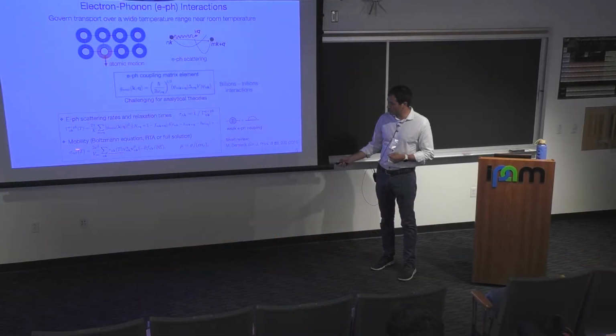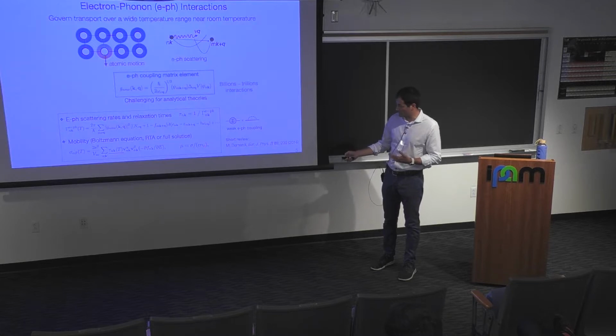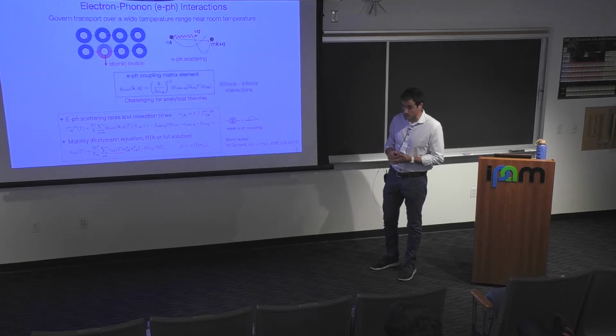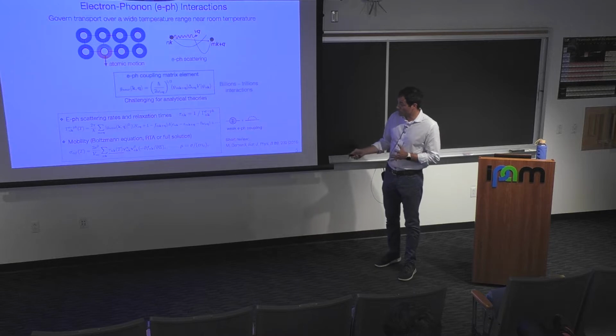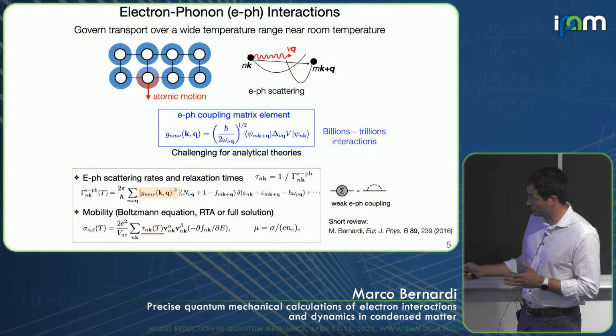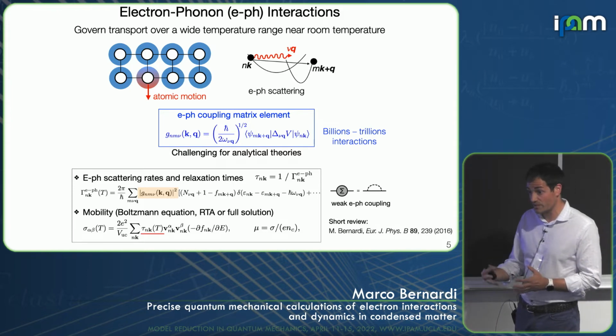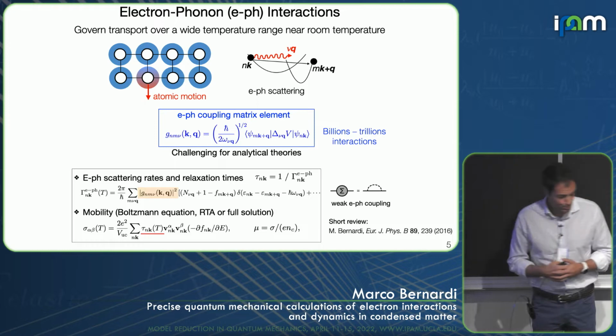In the framework of the Boltzmann equation, you can compute the conductivity without using any free parameters, or the mobility, which is the conductivity divided by the carrier density, and it's a quantity that is often measured in the experiment. What's important actually is that if you want to validate the accuracy of your electron-phonon interactions, one way to do it is to compute transport and then compare it with experiments.